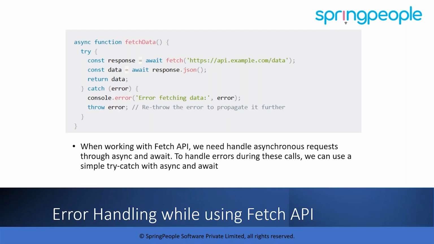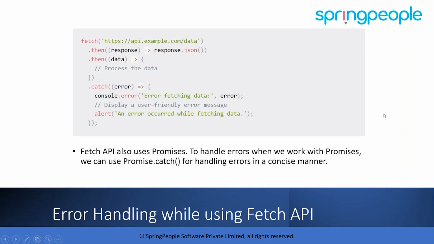Then you have one for 403, which shows you what error is occurring. Then if you have a 404, it's a not found error. So for each of these codes, we can write our own very specific error handlers. We'll come to that. I think I have something on this that I can show you as well. Now, another thing about the Fetch API is that it uses promises.